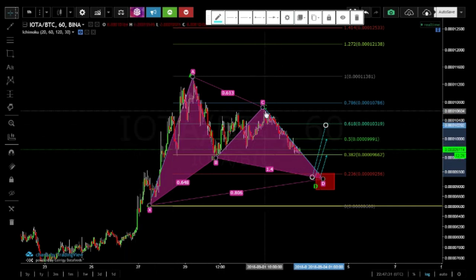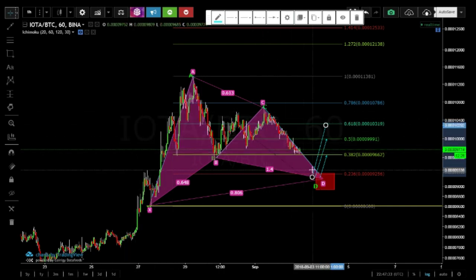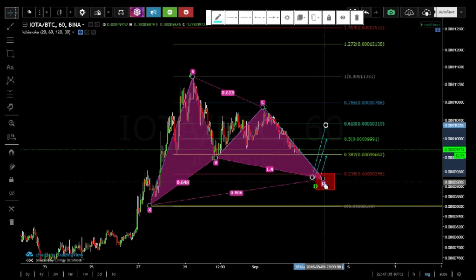Make sure that price moving downward to the X leg is completed before you take any position. That is the most important part of this. So if price has gotten to the D leg, then you can take a position with your stop loss.